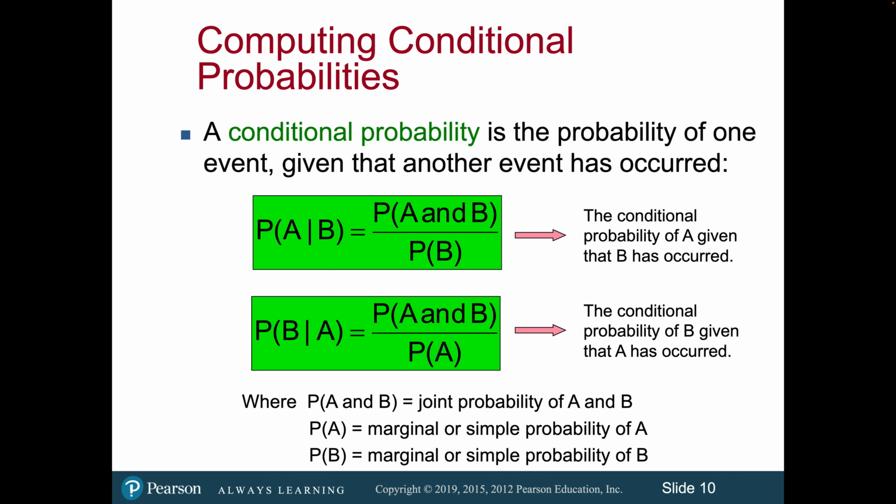So a conditional probability is a statement where we calculate the probability given that something has already occurred. This probability right here, where we have P of A, this vertical line, B, is read as the conditional probability of A given that B has occurred. Now, to find that probability, we have to calculate the probability of A and B and divide it by the simple event of just the probability of B occurring.